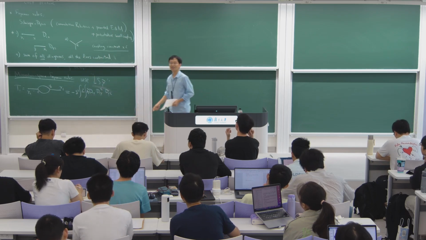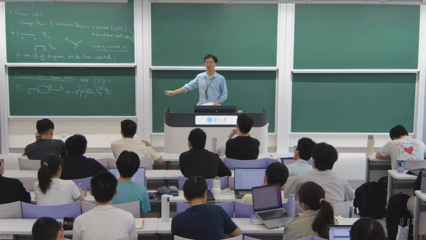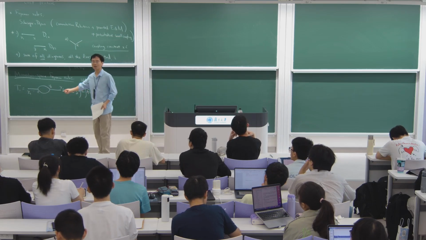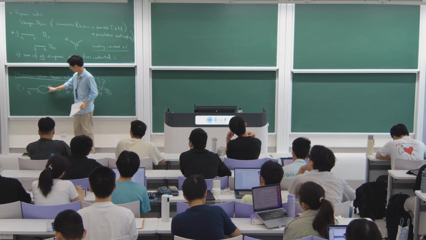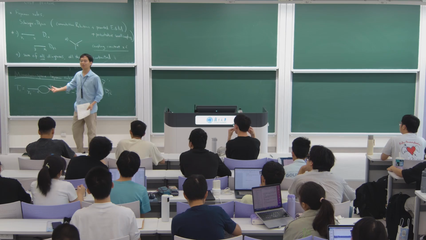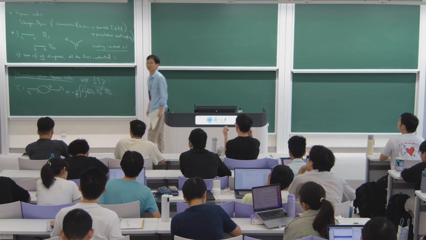Okay, that's it. Now the last step, we will divide by the symmetry factor. What is the symmetry factor? In this case, it is 2, right? 2, because if you switch these 2 lines, the graph is the same. Then this will be very primary.